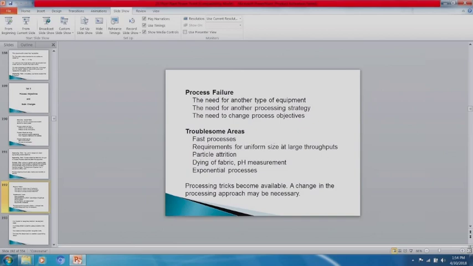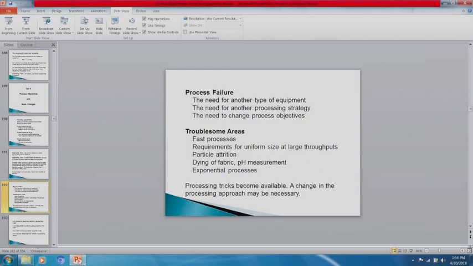Uniformity and large throughputs don't go together well. Large throughputs usually mean turbulence. Turbulence usually means non-uniformity. Uniformity usually means laminar flow, and laminar flow is not large throughputs. So these are actually contradictory objectives.